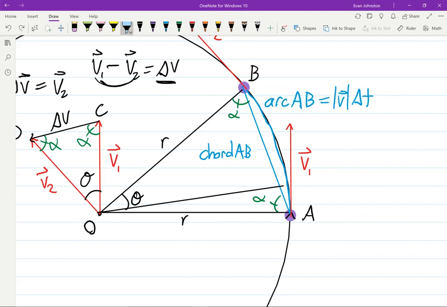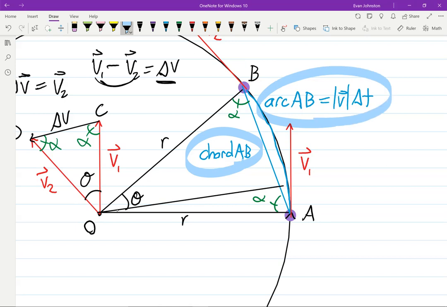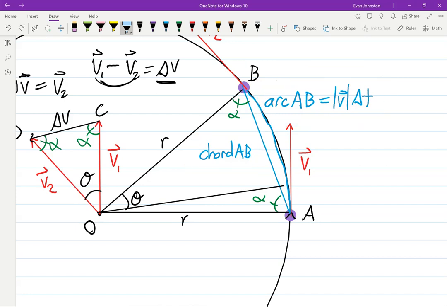They're actually almost the same already. And so the idea is that the farther this section falls downwards, the closer and closer chord AB and arc AB get to being the same value.